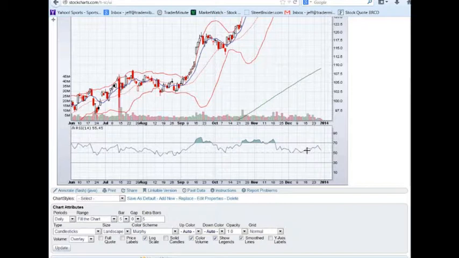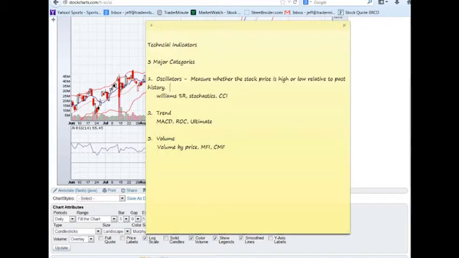Now, the second category of indicators are your trend indicators. MACD, rate of change. I'll show you one called the ultimate oscillator. These are generally nice to understand the overall trend of your stock.